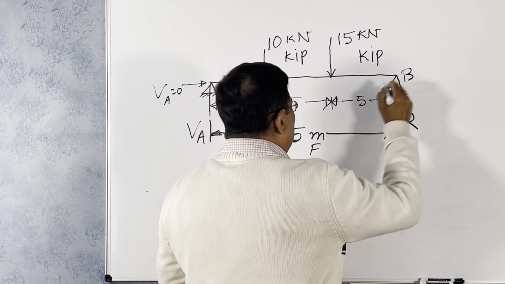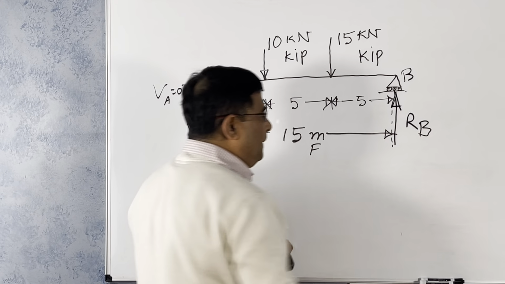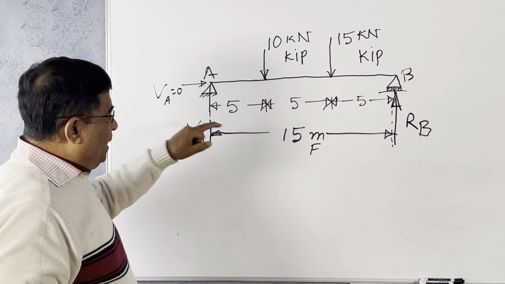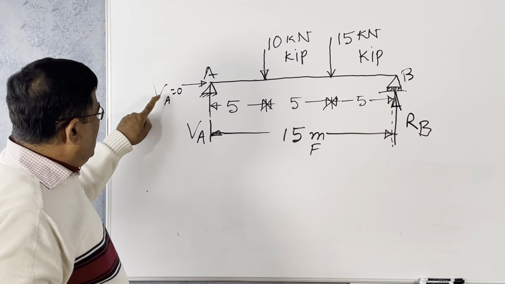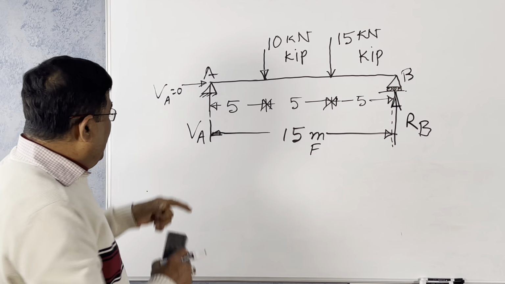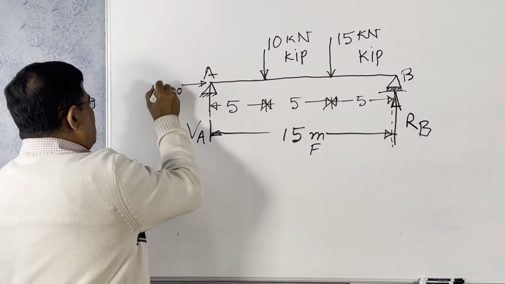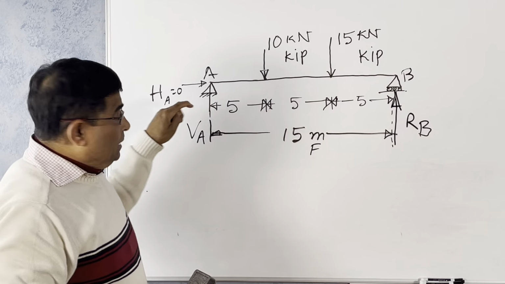The point is B, this is A, so it is RB. Now first of all, we would like to find out RB and VA. HA is automatically 0. There is no horizontal force there.